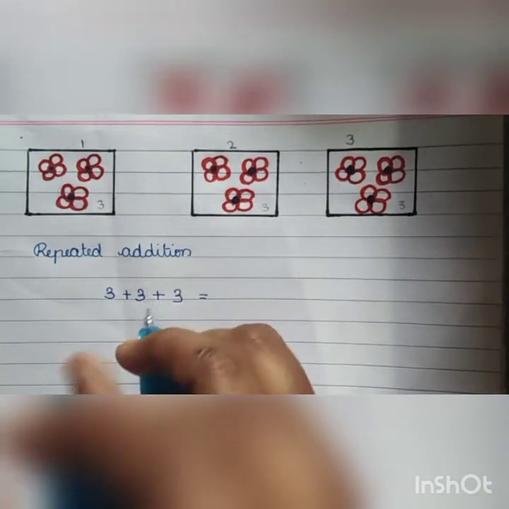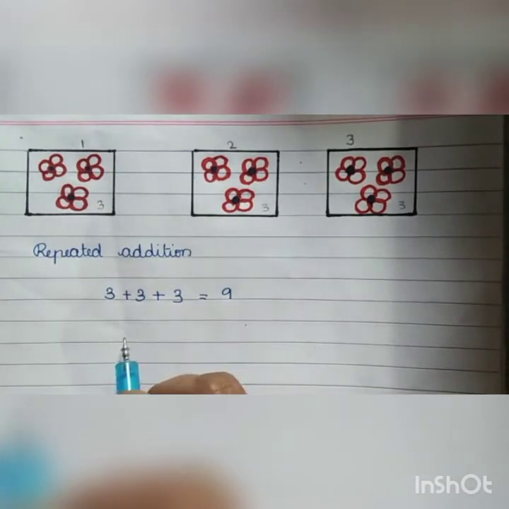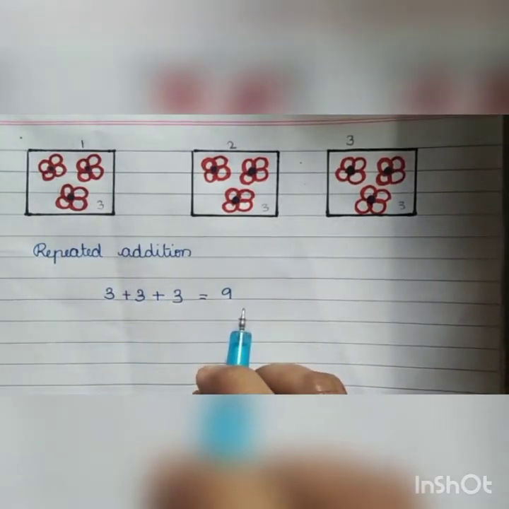So 3 plus 3 plus 3 equal to 9. So there are total 9 flowers. So we have found the total number of flowers by repeated addition.